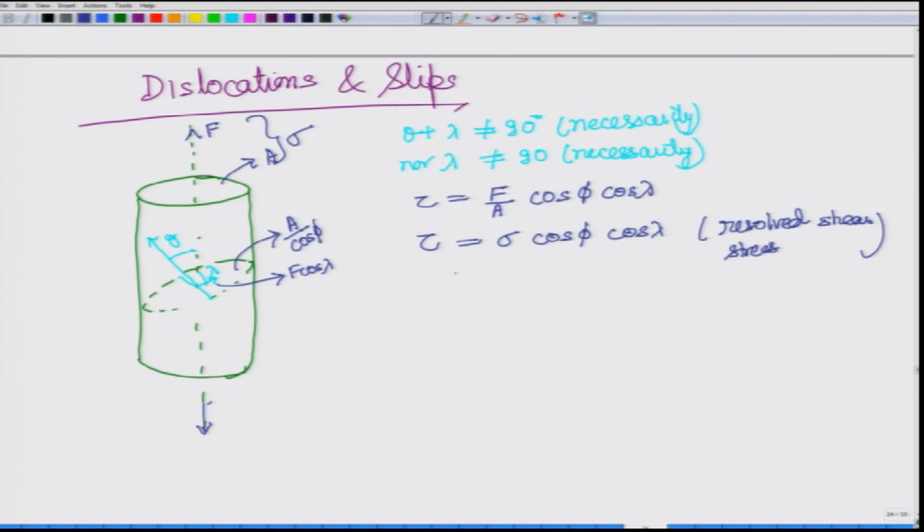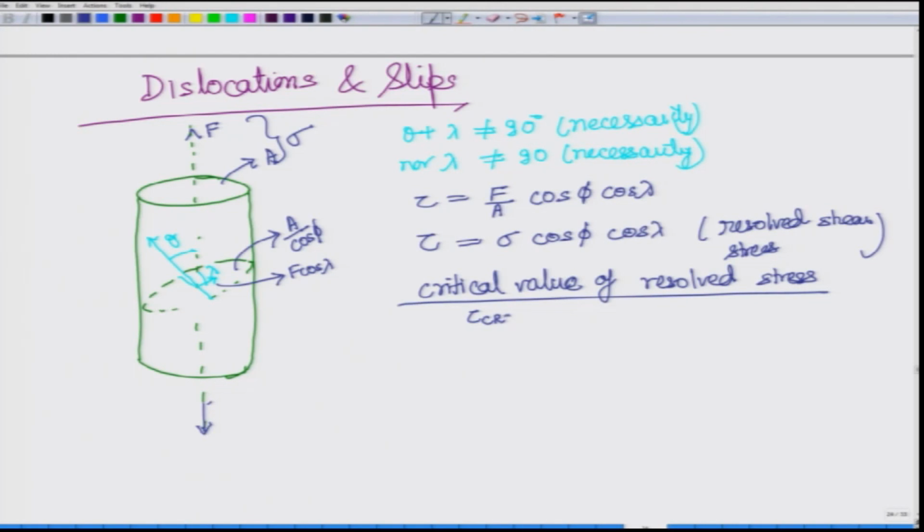Now, let us say that there is some critical value of this resolved shear stress. What do we mean by critical value of resolved stress? Even though you are applying the force and the normal stress sigma, which comes down to tau over here, there is a certain value beyond which the dislocation will start to move.